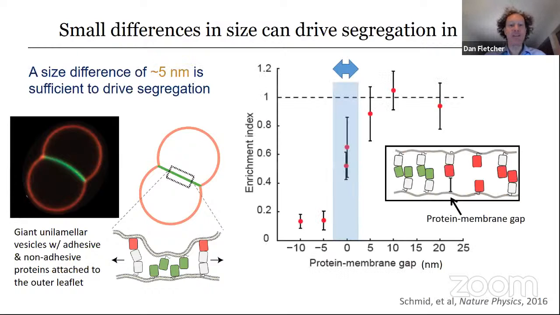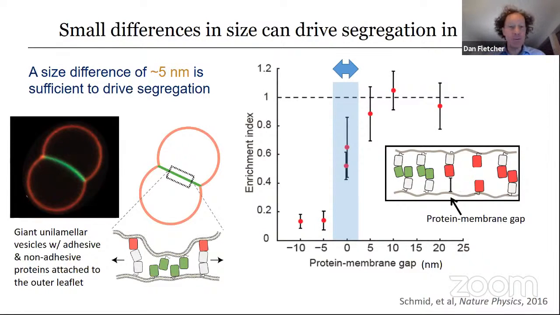And what they found is that you only need to be about 5 nanometers taller than the gap in order for the gap to have a marked influence on where you are localized. So the membrane is not able to simply accommodate different sizes. The membrane at an interface will drive segregation of things that are too large.